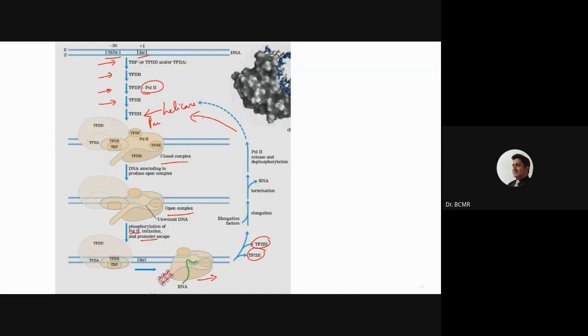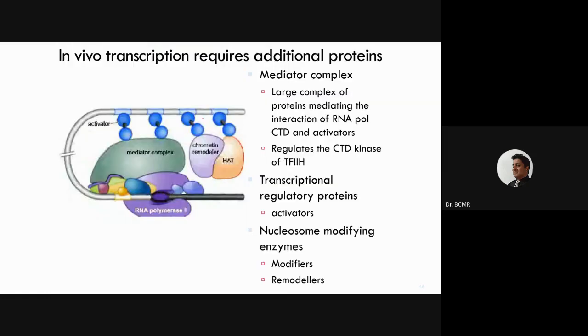Right? That is how transcription happens in eukaryotes. So I'm not going to say much about it, or I will repeat this in the next class as well, so that you will be able to retain it for longer.